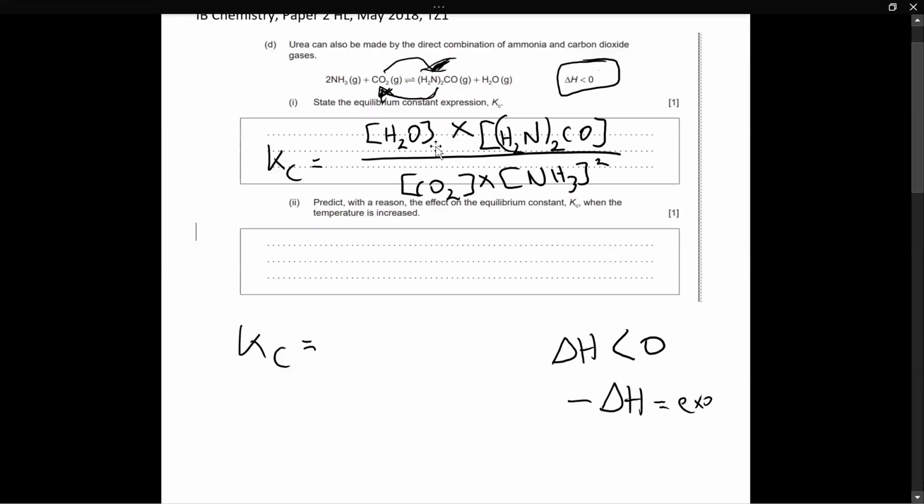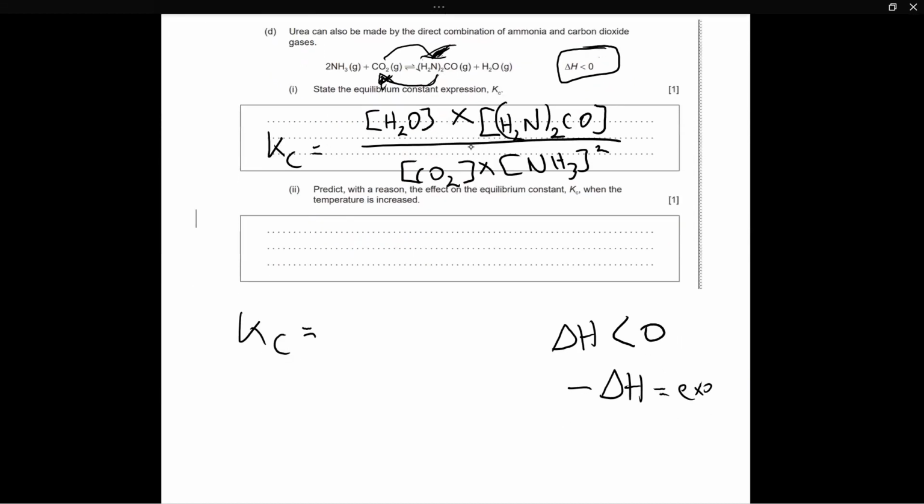So it's going to favor the reverse reaction. And if it favors the reverse reaction, that would mean that the concentration of the reactants will increase, right?